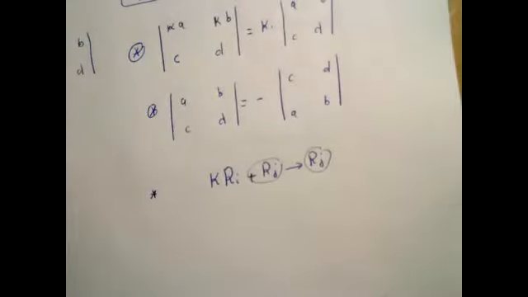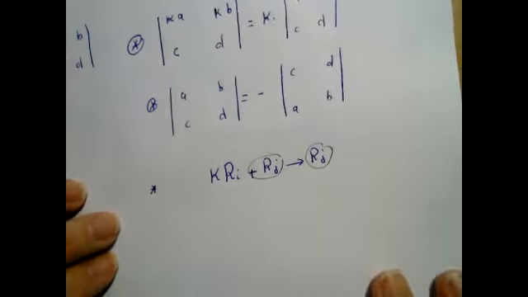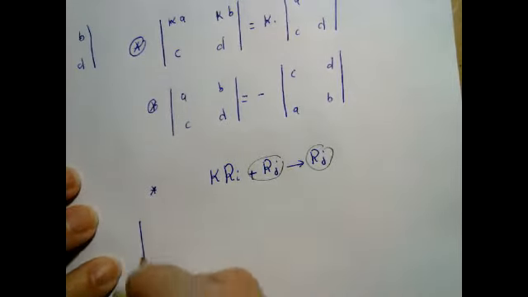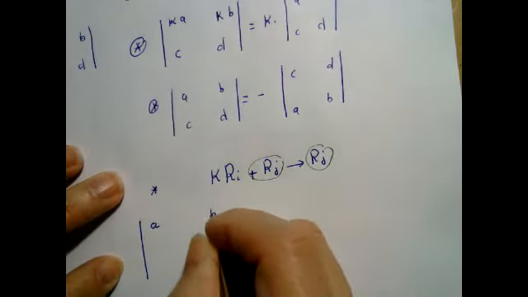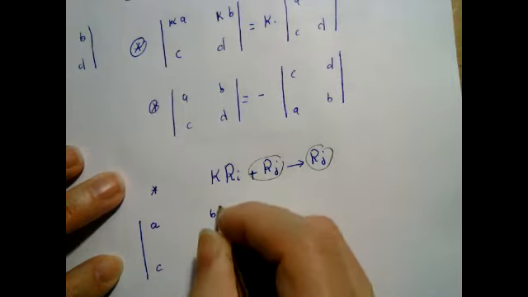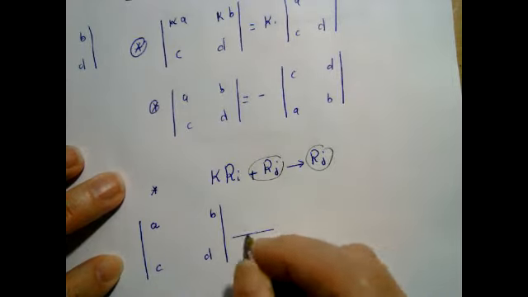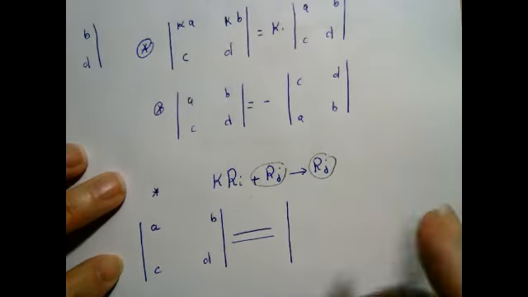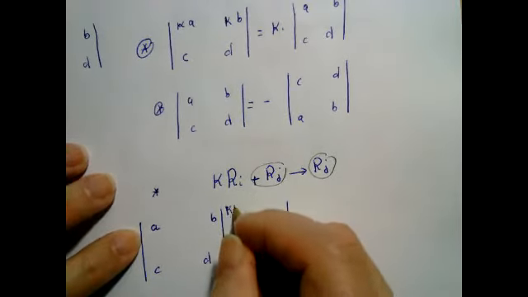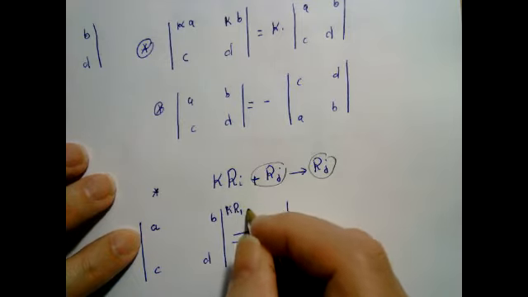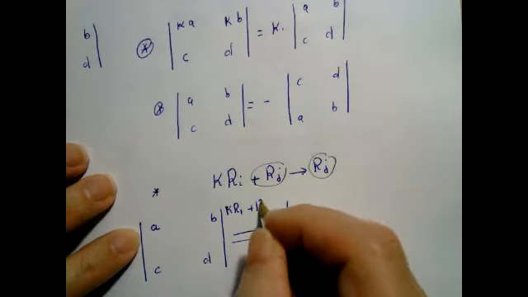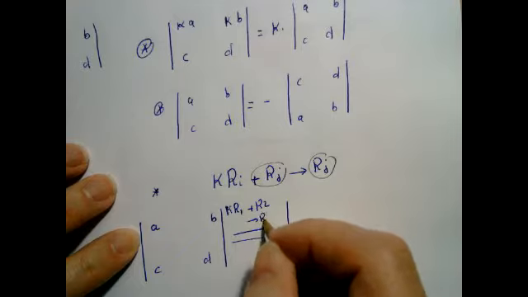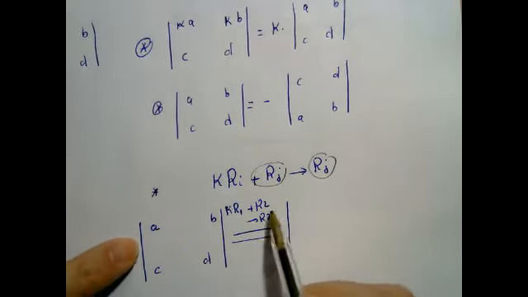So in terms of a 2 by 2 matrix, this would become the following. If I take the determinant of A, B, C, D, and I perform the following operation on it, with an equal sign here: I take the first row, multiply it by k, add it to the second, and this will become my second row. So let us see what this means.